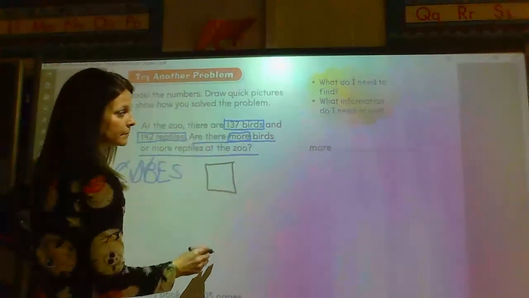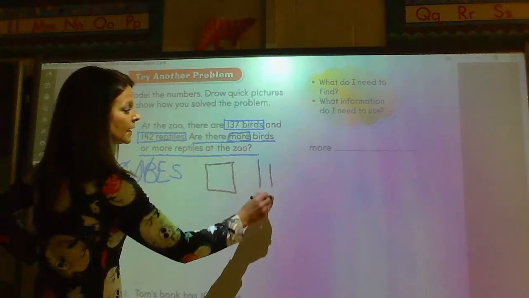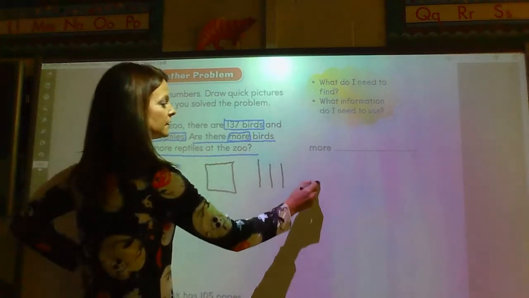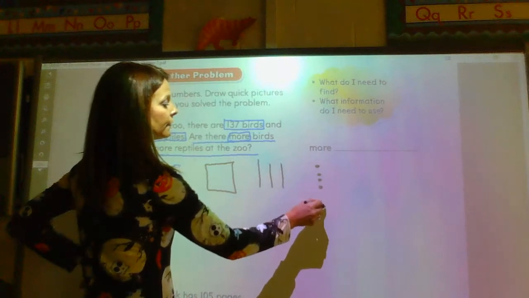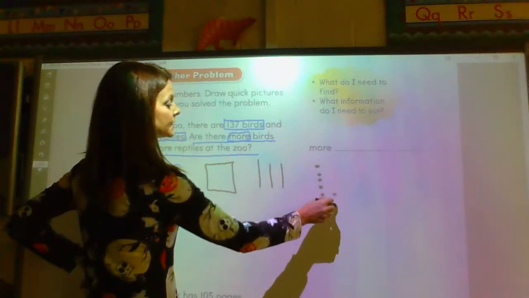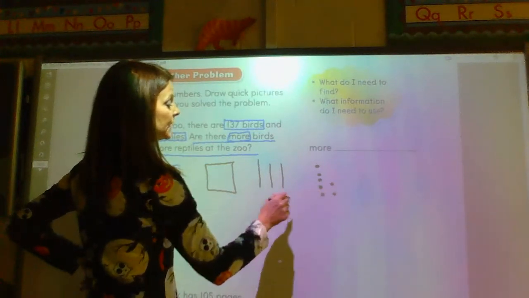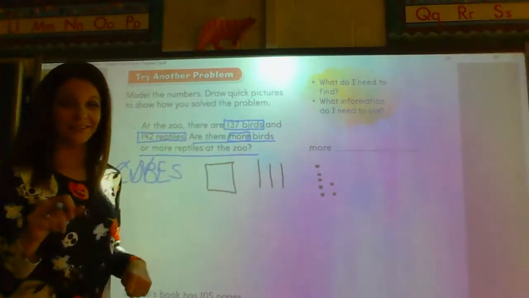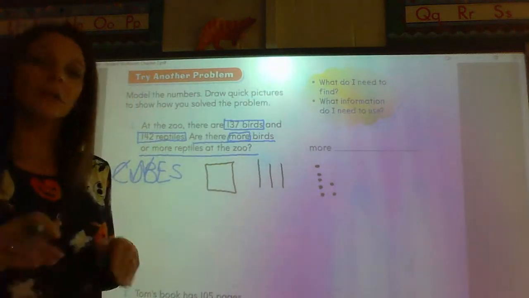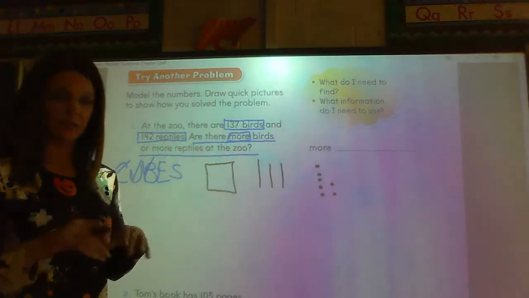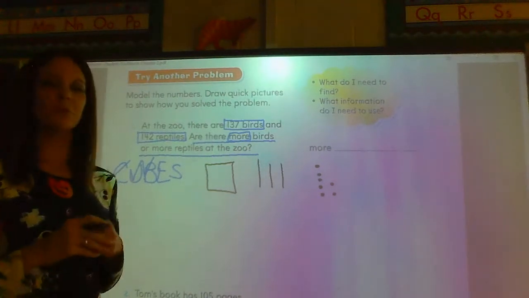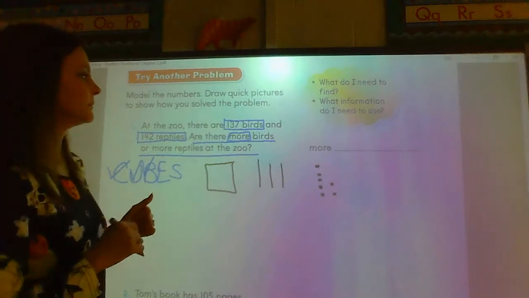100, 3 tens, 7 ones. 1, 2, 3, 4, 5, 6, 7. If you are not done drawing yet, or you need more time at any point during this, just push pause on the video and take your time, and then push play when you're ready to keep going with the lesson.